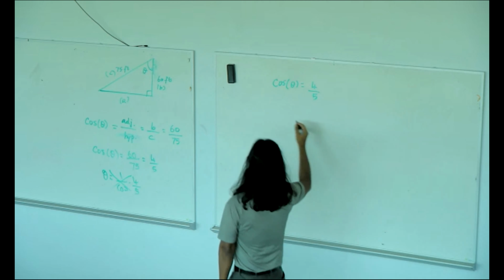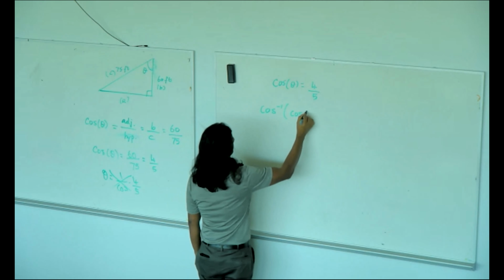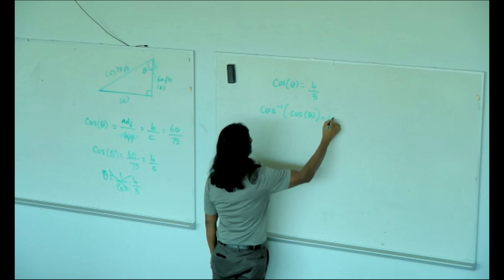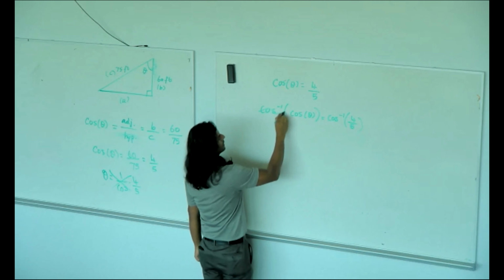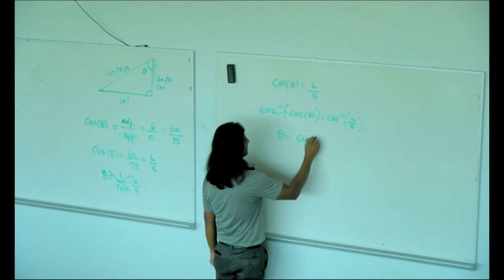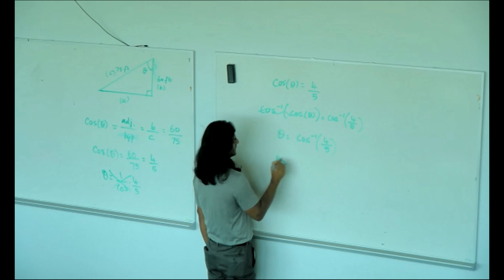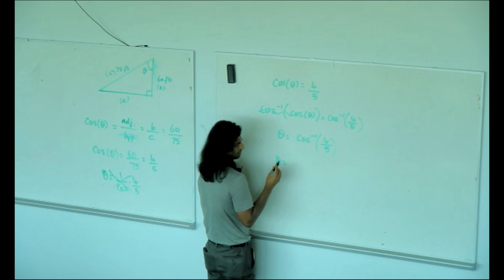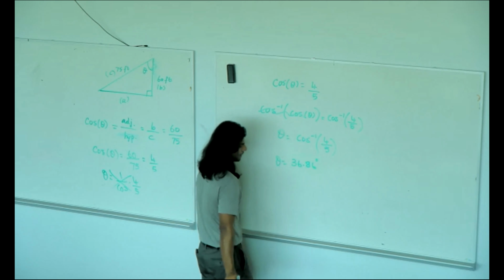Inverse. If you take cosine inverse on both sides, theta would be cosine inverse of 4 divided by 5. And what do we get in degrees? 36.86.